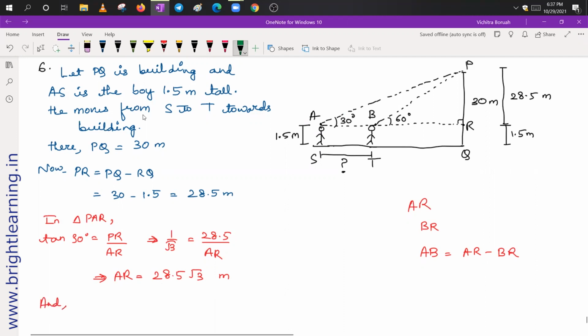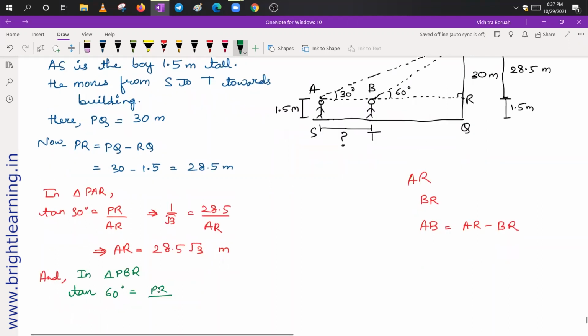So now for length of BR, you will have to consider this triangle, that is triangle PBR. So now in triangle PBR, here tan 60 degree will be equal to, again here we will use perpendicular upon base, that is PR upon BR.